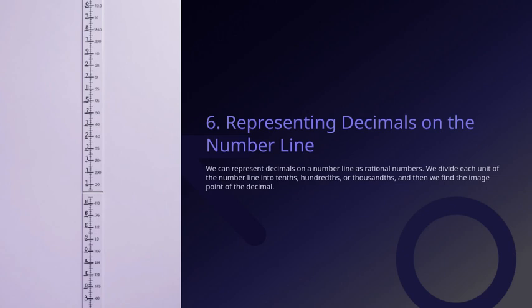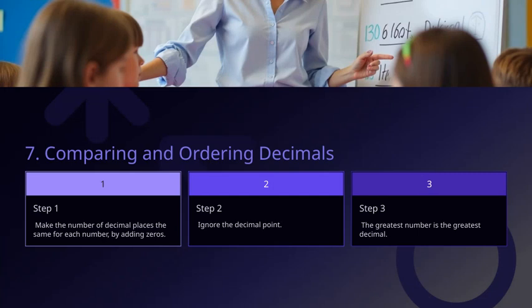All right, let's walk through how to compare and order decimals effectively. First, in step 1, we need to make sure each number has the same number of decimal places. We do this by adding zeros where necessary. This helps us compare the numbers more easily because they are aligned correctly. Next, in step 2, we ignore the decimal point entirely. Think of it as just looking at the numbers as whole numbers now.